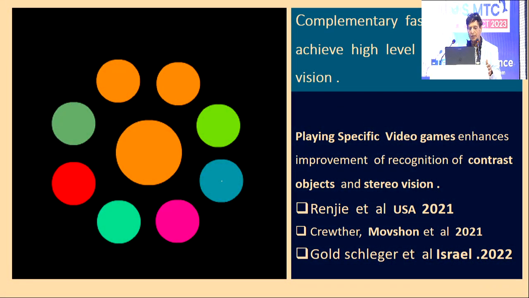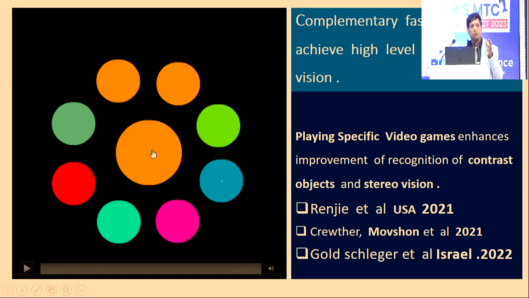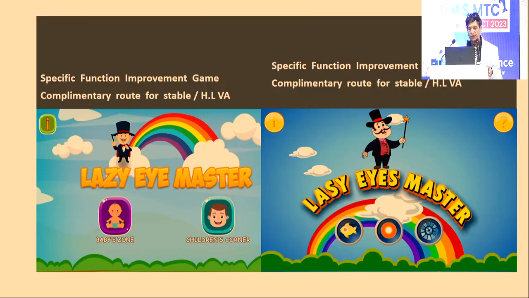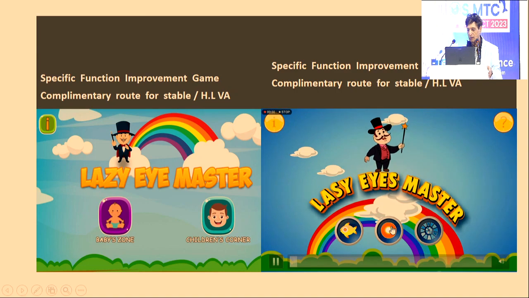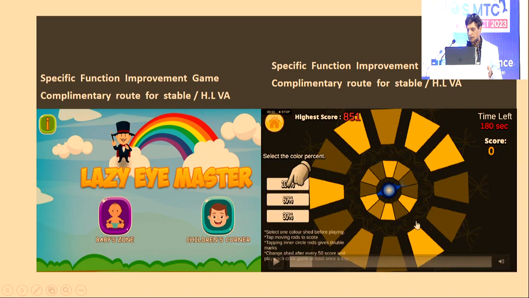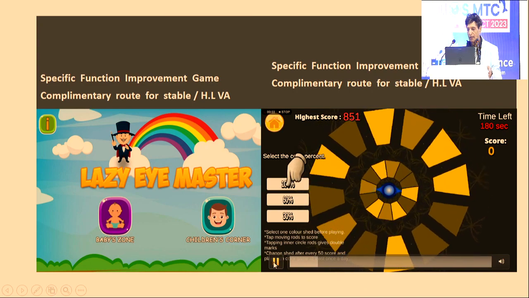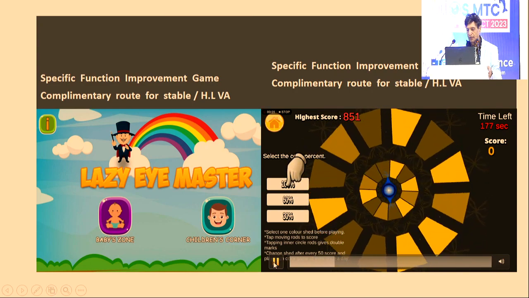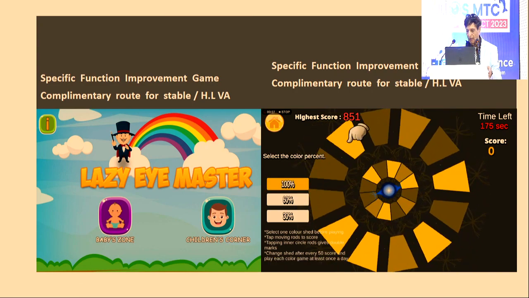The basis of this game is that we have to treat the other multiple visual function deficits also, and especially the contrast sensitivity game is like this. There are different colors with a percentage of the same color.